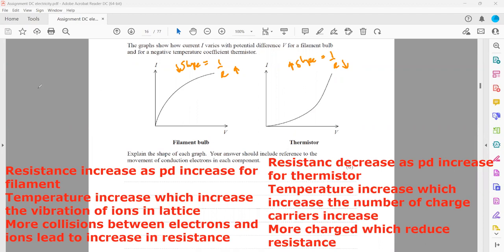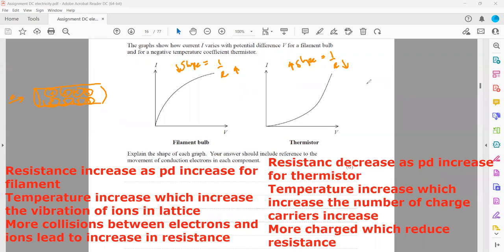Because a filament is a metal, tungsten, so they have a different structure. A metal consists of a lattice of positive ions and delocalized electrons. So as the temperature increases, there will be more vibration of the lattice, like these particles will vibrate faster. They will not allow the electrons to move through the structure.